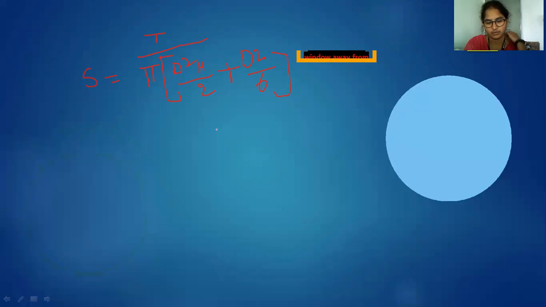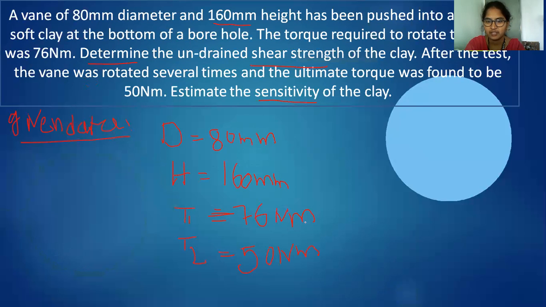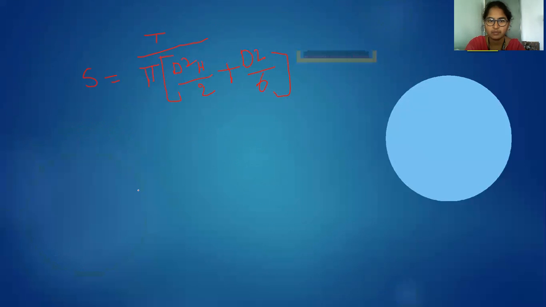Now the undisturbed undrained strength S1. Two torques are given, T1 and T2. So in the place of T we can substitute T1.